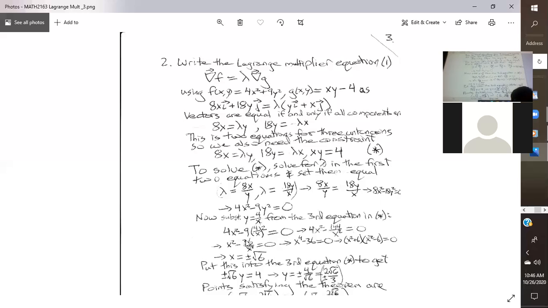This is an equation in x, so I just solve it. I multiply through by x squared since x is never 0 along the constraint curve. And then I've got x to the 4th minus 36 equals 0.